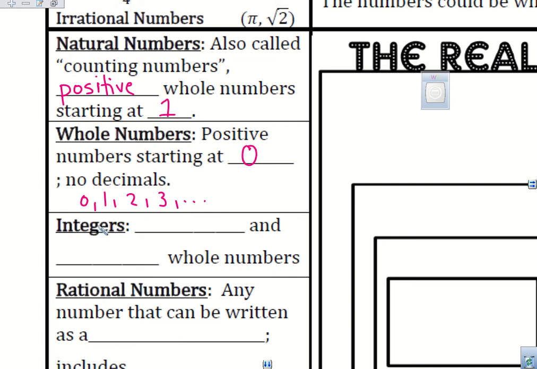Okay. Integers. Integers are negative and positive whole numbers. So integers go both directions on the number line, like negative 3, negative 2, negative 1, 0, 1, 2, 3. Those are integers.